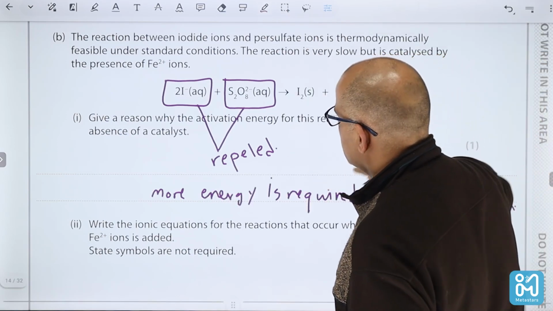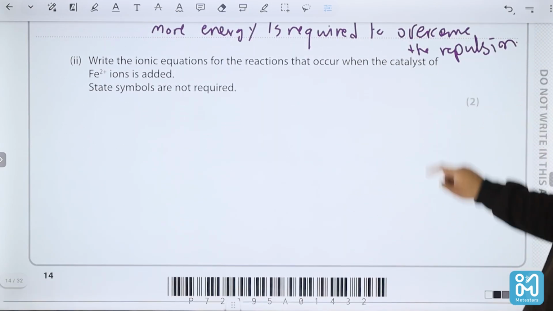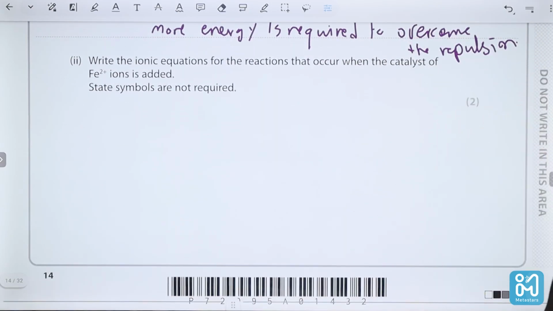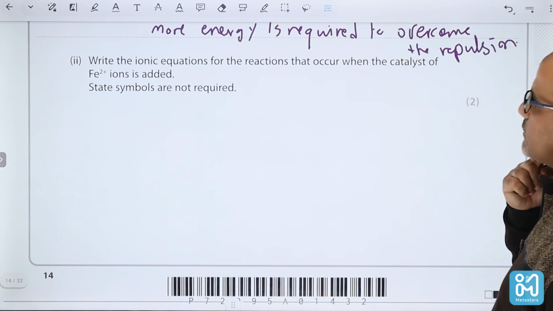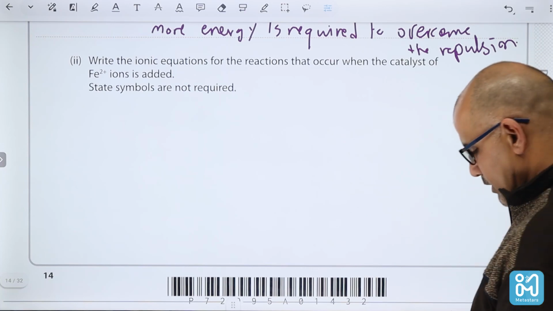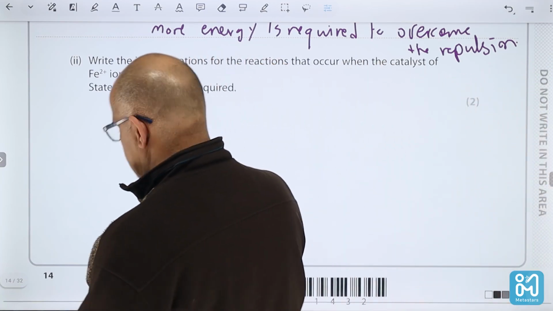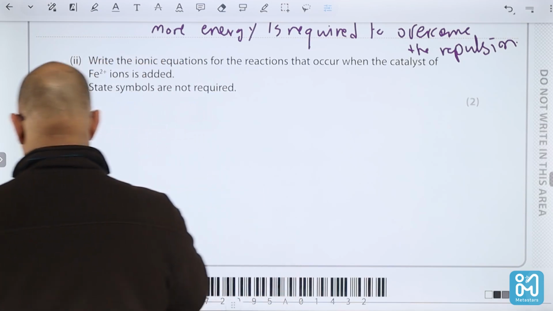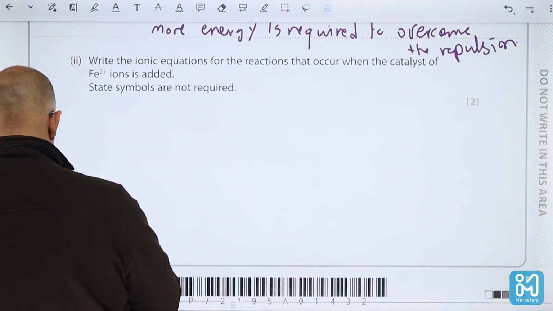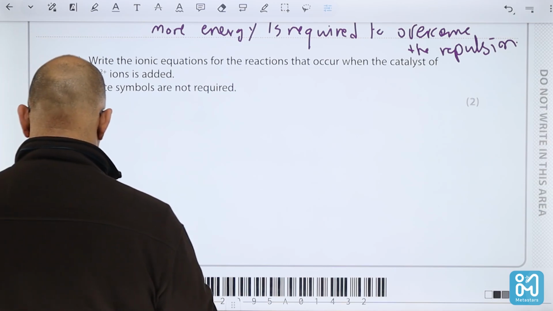Okay? Now, write the equations for the reaction that occur when the catalyst of iron positive 2 is added. State symbols are not required, so we can write these two equations by referring back to the paper itself. So that's the paper here on my phone.